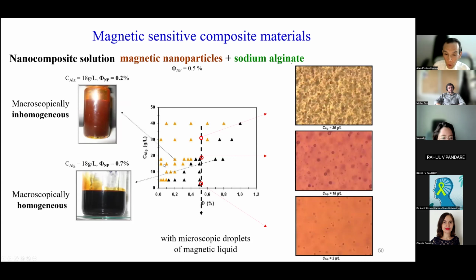And for all yellow points, we obtain a macroscopically inhomogeneous solution. But in both cases, you can observe here droplets of demixture. And this is very important. So even if the sample is macroscopically homogeneous, you observe microscopically the formation of spherical droplets of demixture.